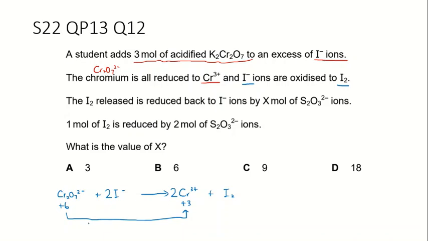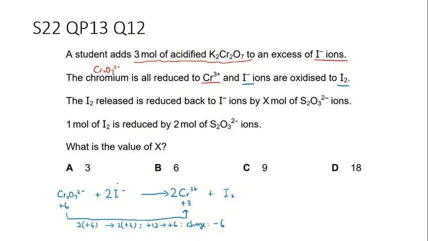So the change will be from plus 6 multiplied by 2 to plus 3 multiplied by 2. So that means from plus 12 to plus 6, the change is reduced by 6, because plus 12 minus 6, we will get plus 6.